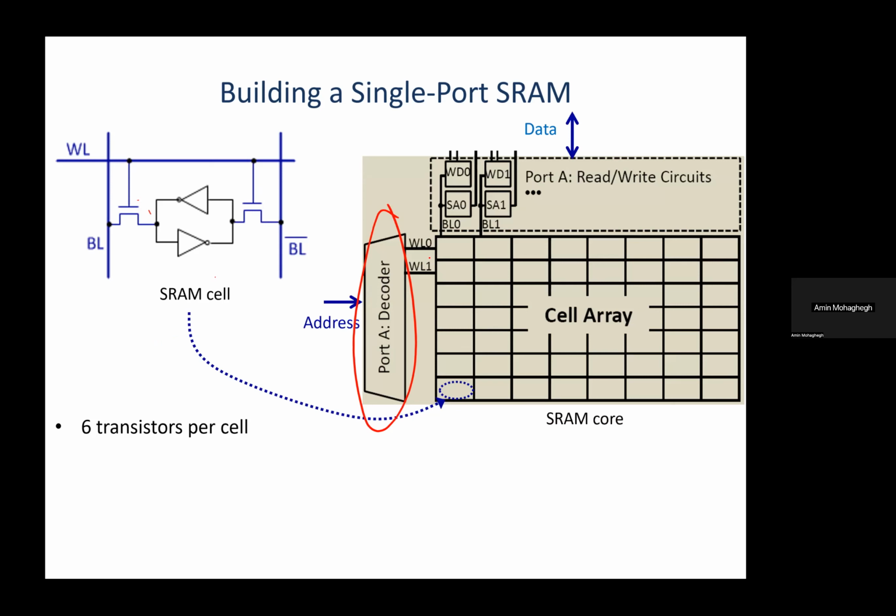If I sent in an address like 00001, word line 1 would go high, and this whole set of cells would be enabled. They'd be connected to their bit lines, and one of these cells would be here, and its bit lines are now connected to a sense amp. That's what sense amp 0 means.